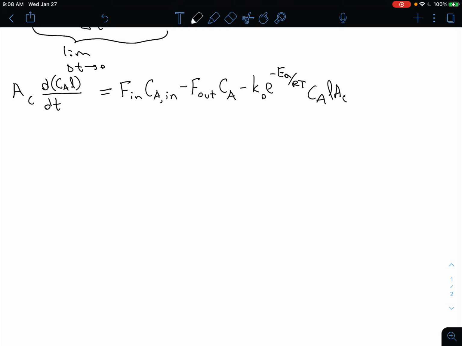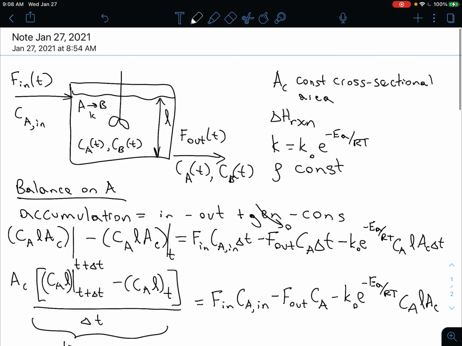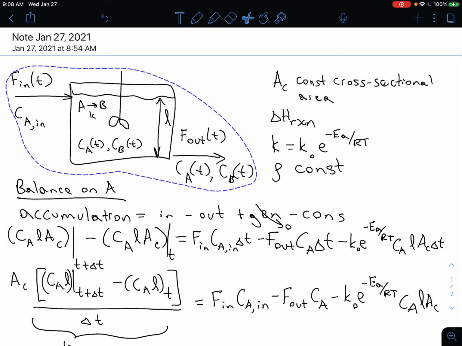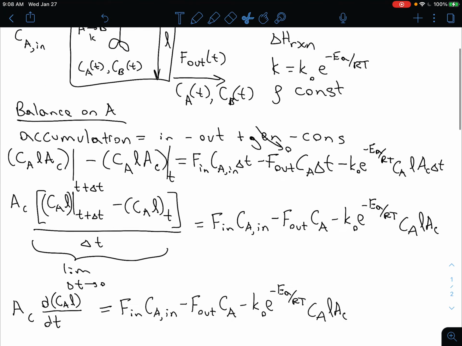So let's actually do a balance on fluid. And implied here is that we're actually doing a mass balance. Let me copy the picture just so you can see it while we work with the equations.